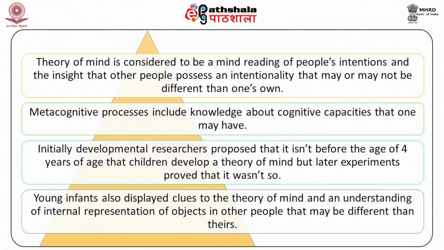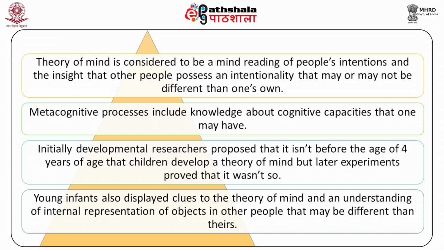Theory of mind is considered to be a mind reading of people's intentions and the insight that other people possess an intentionality that may or may not be different from one's own. Metacognitive processes include knowledge about cognitive capacities that one may have.